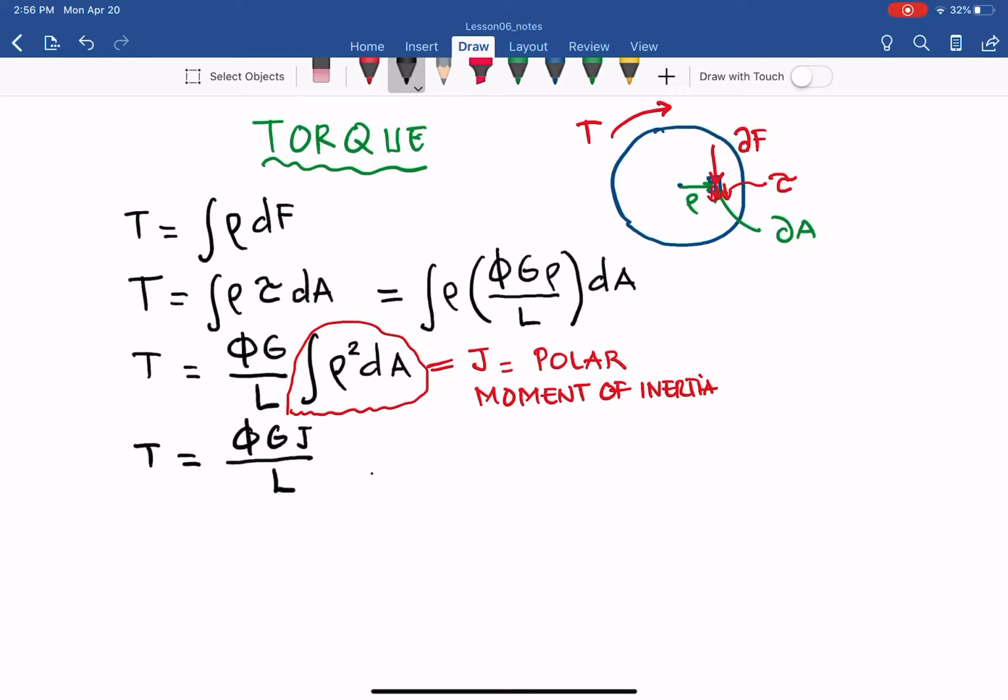So angle of twist phi equal to T L over G J, T L over G J. So let's box that equation, the angle of twist. So this is angular distortion due to the torsion.